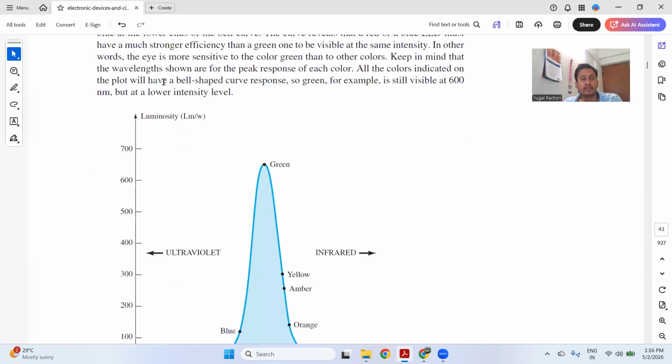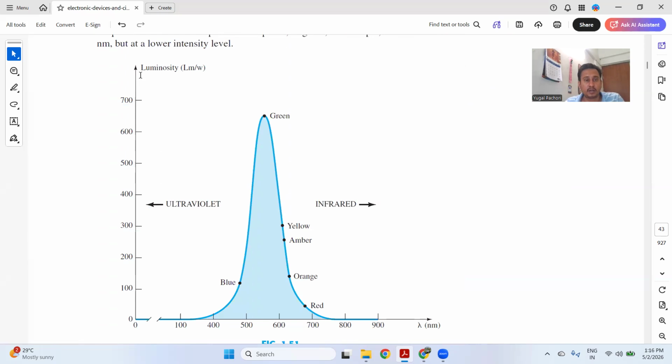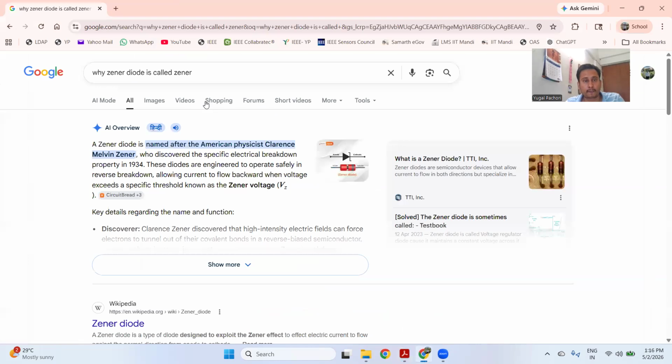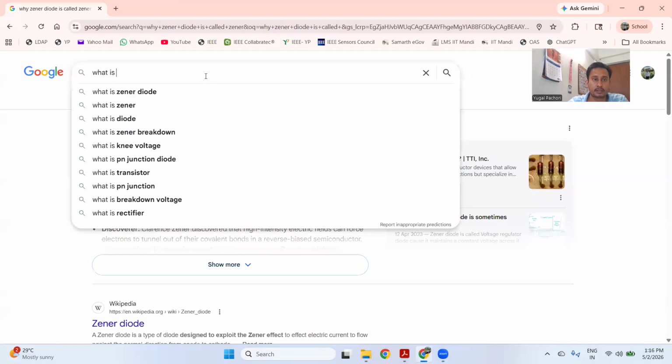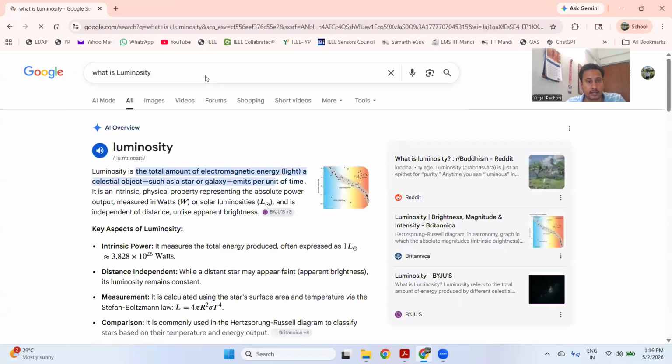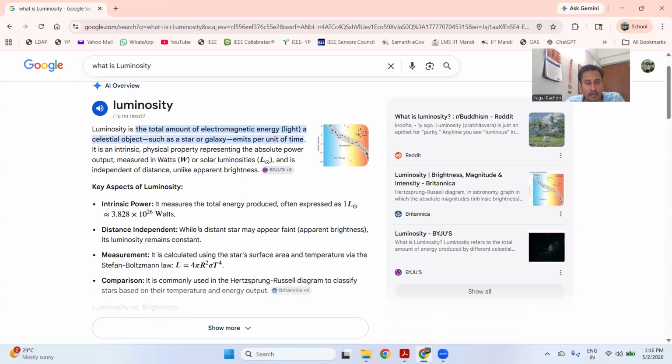Okay, so let me discuss what is luminosity. Luminosity is the total amount of light energy emitted per unit time. Its unit is given in lumens per watt, where L is the light and W is the watt power.